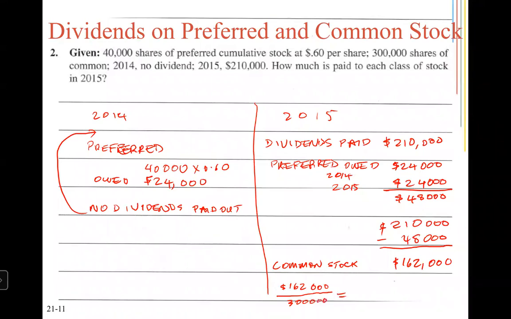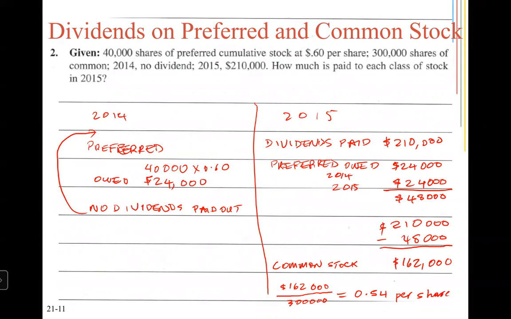So that's going to be equal to how much per share? 54 cents. So 0.54 per share. Okay. All right. So that's how we do that.